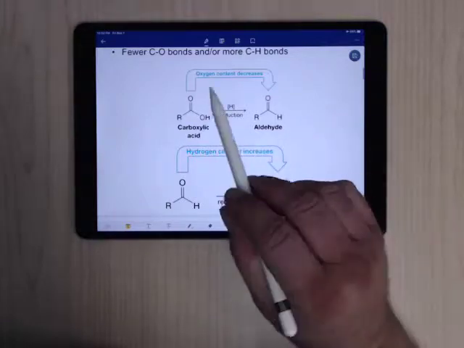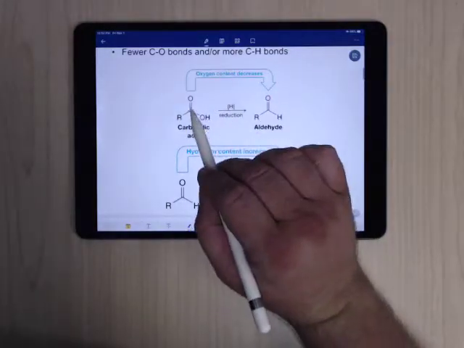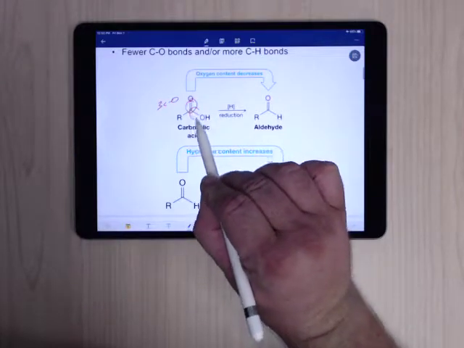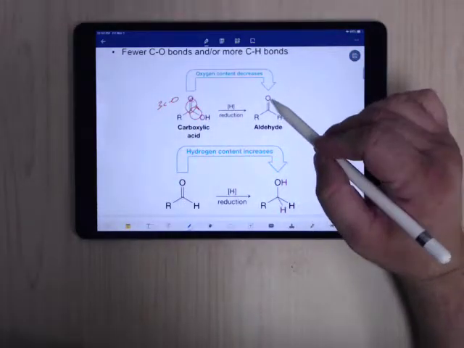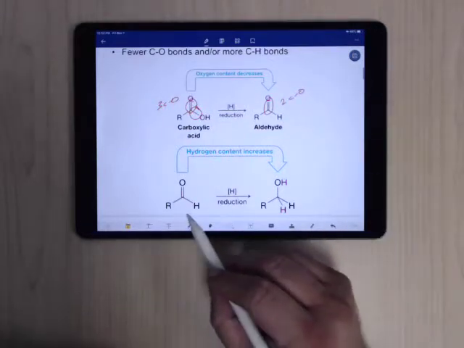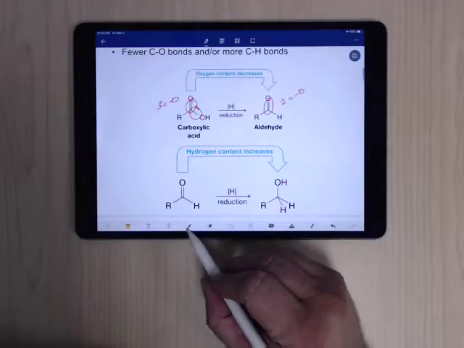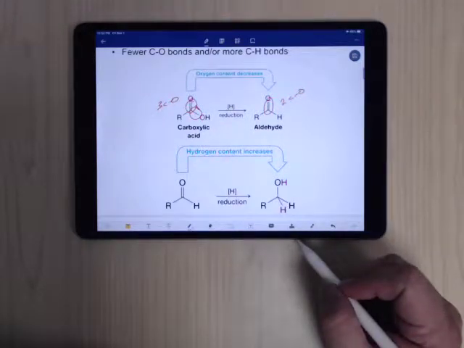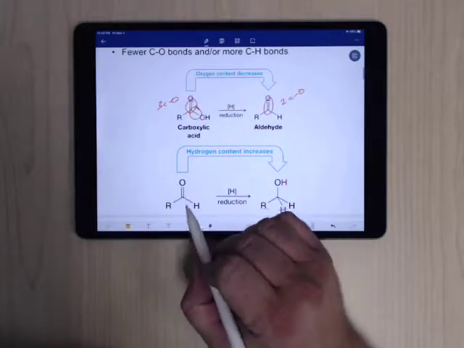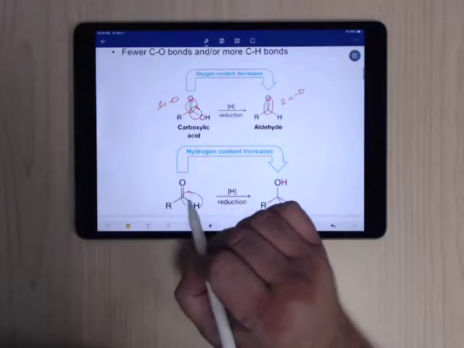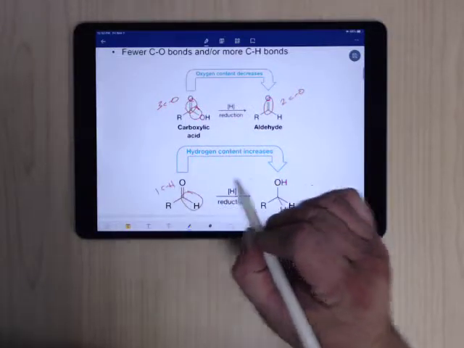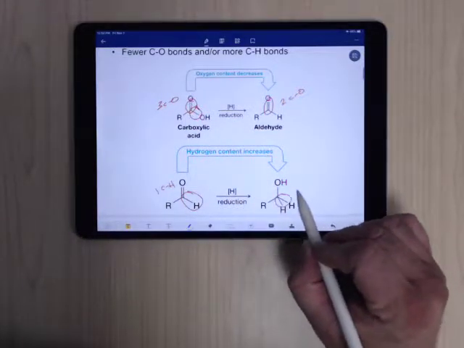Okay, so if you want to think about the oxygen content, you're going to go from 3 CO bonds, 2 here and 1 there, down to just 2 CO bonds. If you want to think about the number of CH bonds, here we've got 1 CH, and here we have 2.